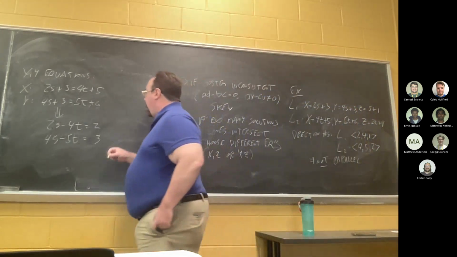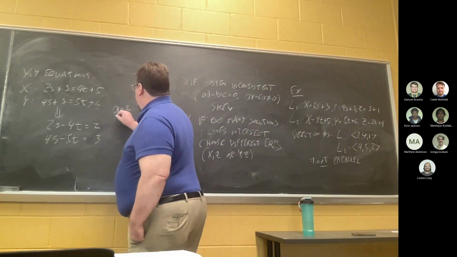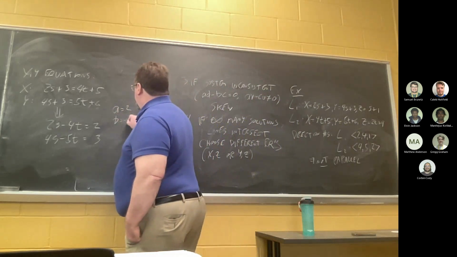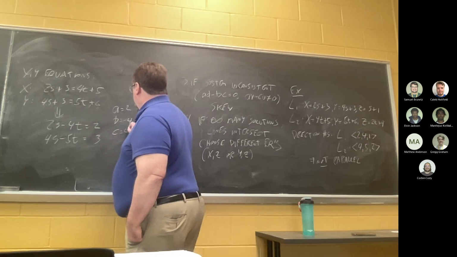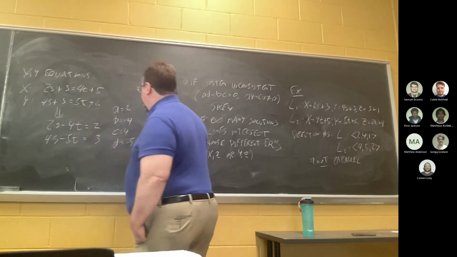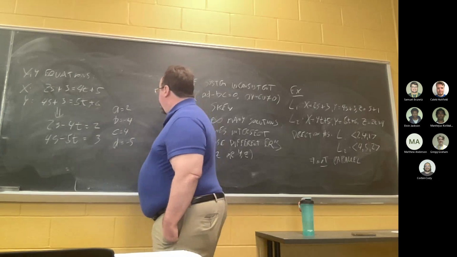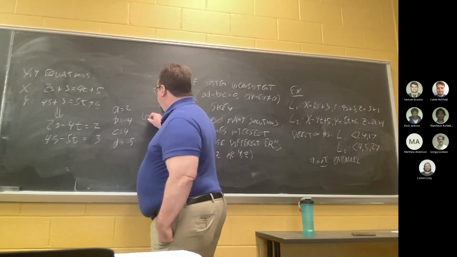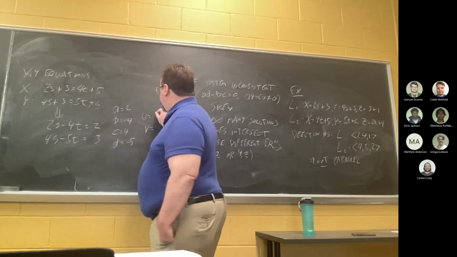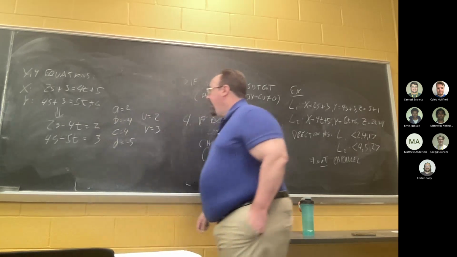So in terms of the notation I laid out earlier, A is 2, B is minus 4, C is 4, D is minus 5, just the coefficients of S and T in the equations. And then we have U and V, the right-hand side values, 2 and 3.